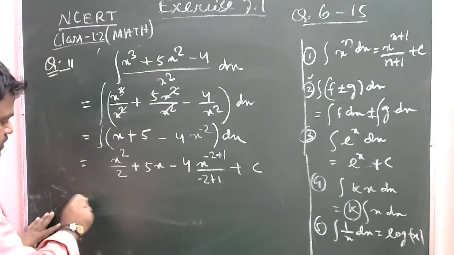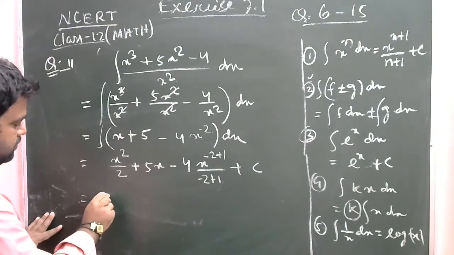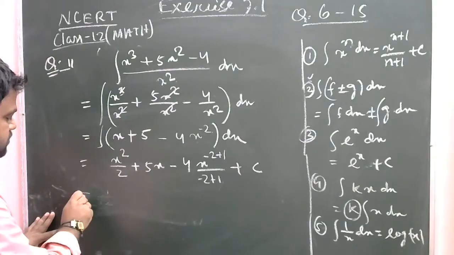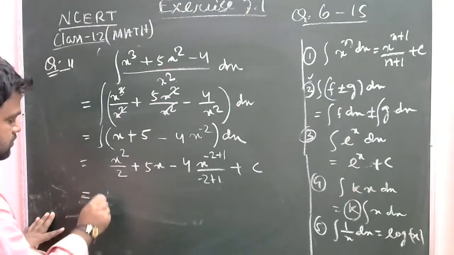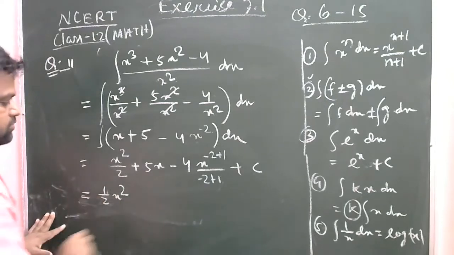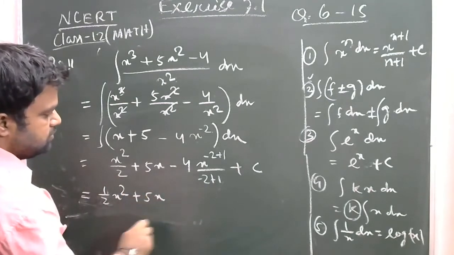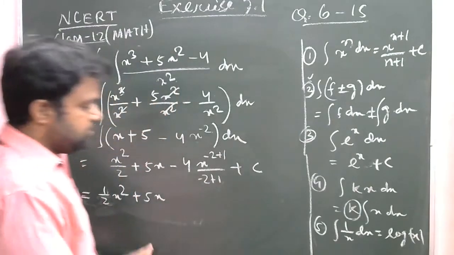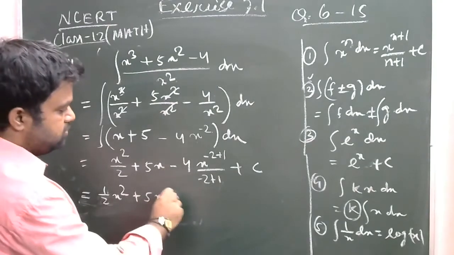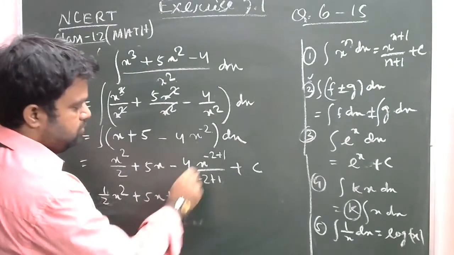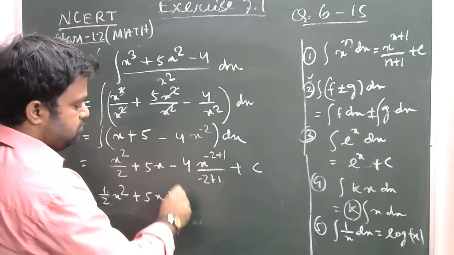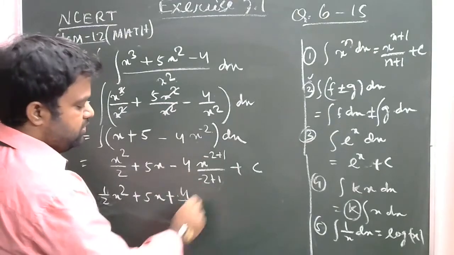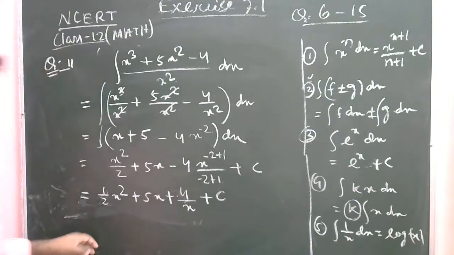Right. Now you can write that it's a half x square plus 5x minus 4 into x to the power minus 1, since minus 2 plus 1 is minus 1, and minus times minus gives plus. So 4 x to the power minus 1 means I can take it to the denominator, 4 by x, plus c.